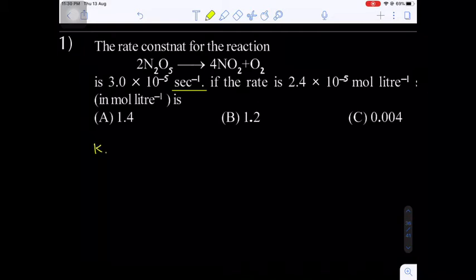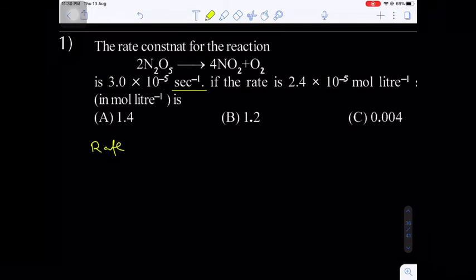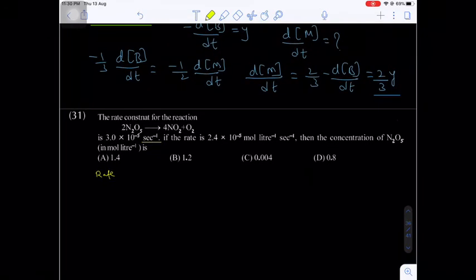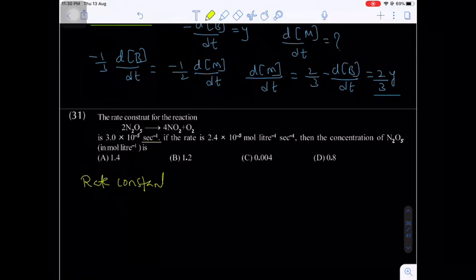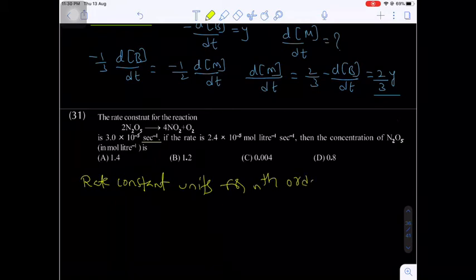Just now I told you the units of the rate constant for nth order kinetics.